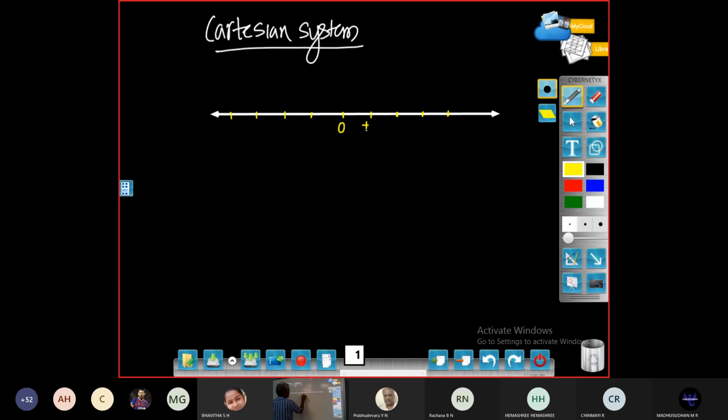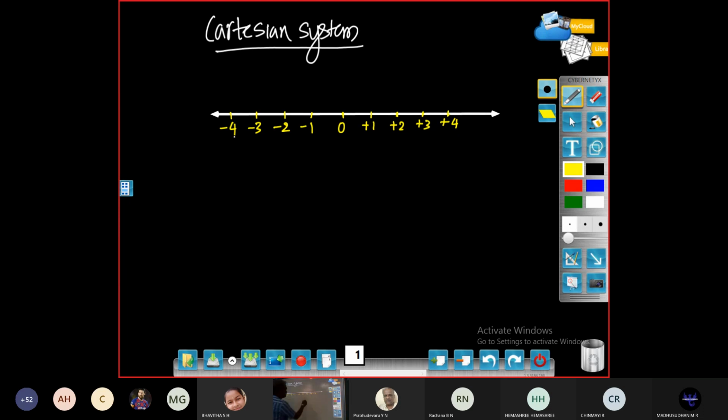This is positive 1, 2, positive 3, positive 4. To the left side, we have minus 1, minus 2, minus 3 and minus 4 like this. We have marked these at equal distances.